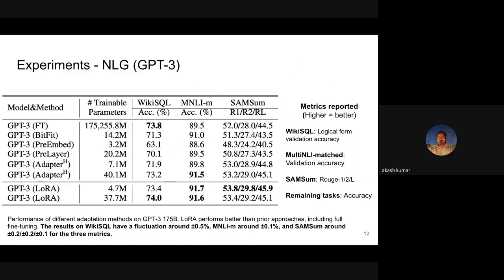Maybe because in NLU datasets they have to do some sort of binary prediction, but here they are predicting out of a much larger vocabulary. Would that make sense? I see. I think so, yeah, perhaps.